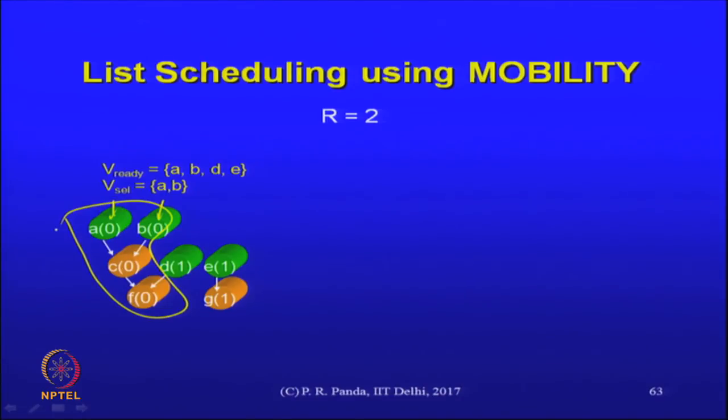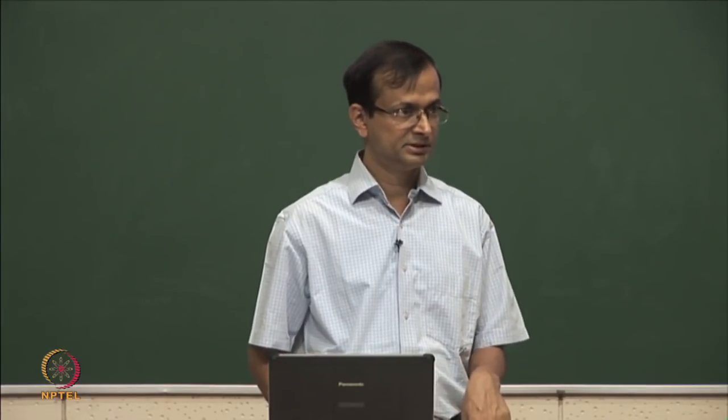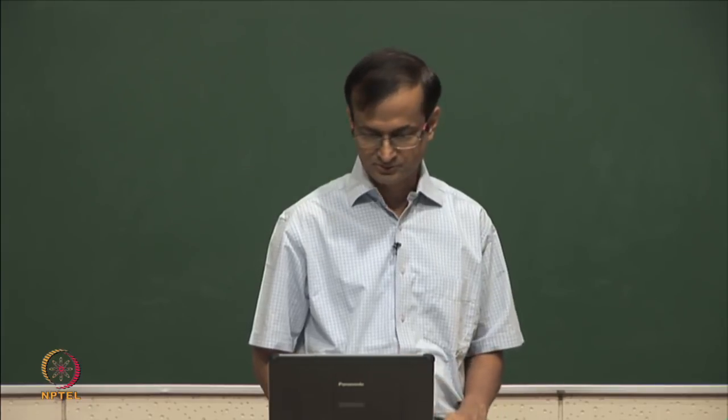This, remember, comes about from the assumption that the ALAP schedule deadline is the same as the critical path that you obtained in the ASAP schedule. If you give a different deadline, then you will have a different mobility number. Remember, the ALAP schedule tends to get all shifted downwards, and therefore, a difference would be obtained between the ASAP and the ALAP schedule. This is a function of the deadline that you specify.